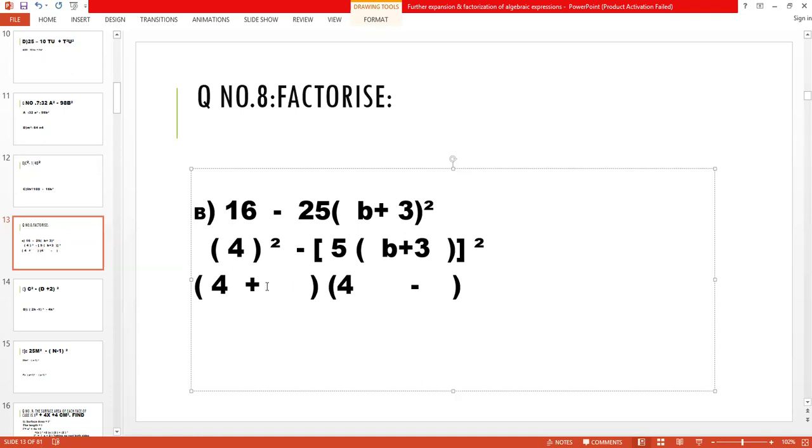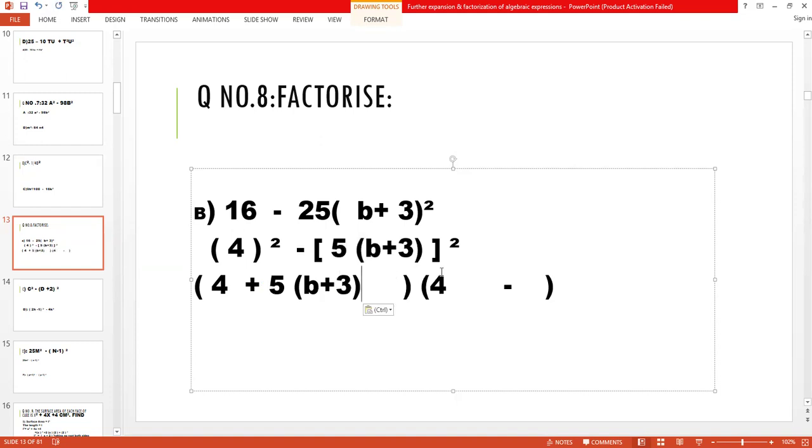Okay. Here you have to write the second term, the whole complete second term. Look here. This one is the second term. So I have to write this second term here. And again, I have to write this second term here.